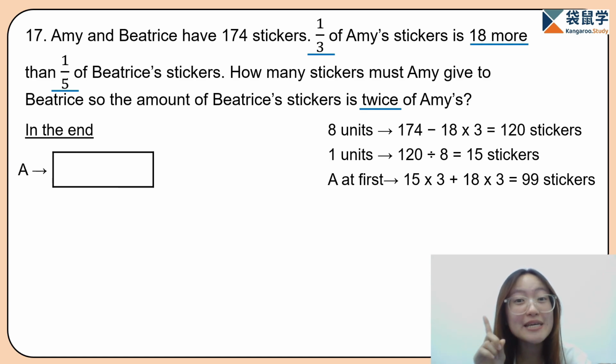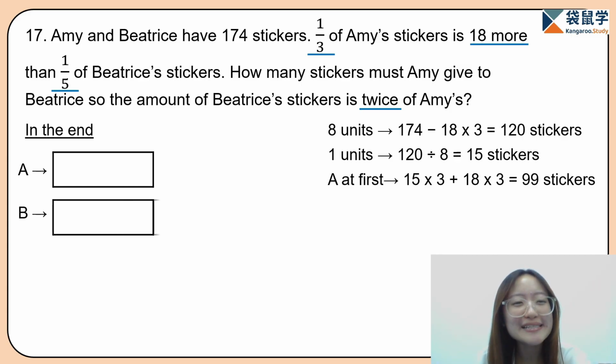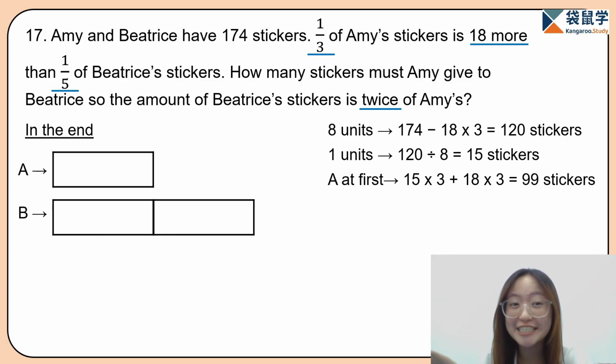If this is Amy's model in the end, one part, how many parts will Beatrice have? She will have 2 parts. And remember, since Amy is giving stickers to Beatrice, will their total of 174 change? No, it will remain the same. So take note, this is very important. The total of these 3 parts will also be 174.